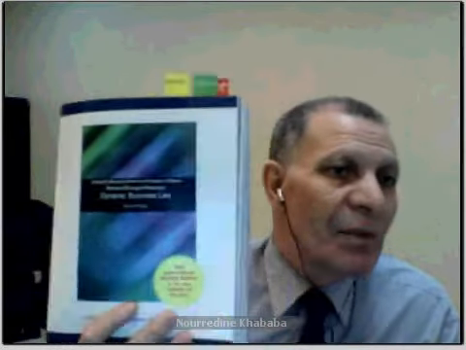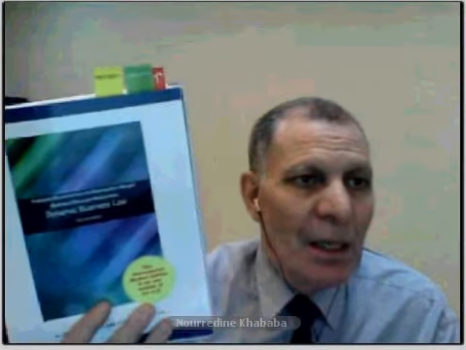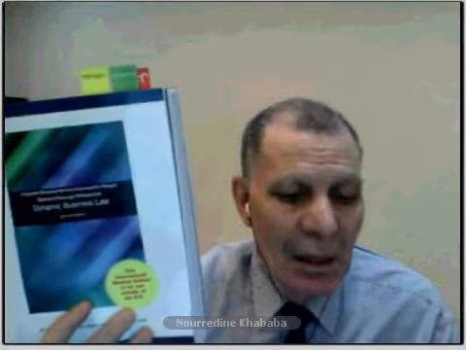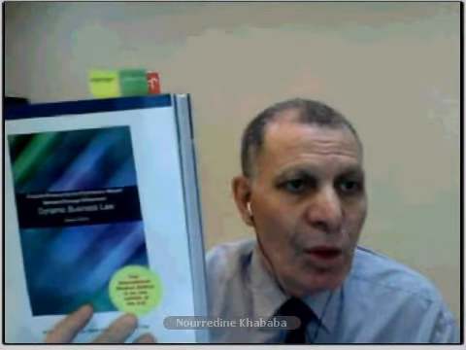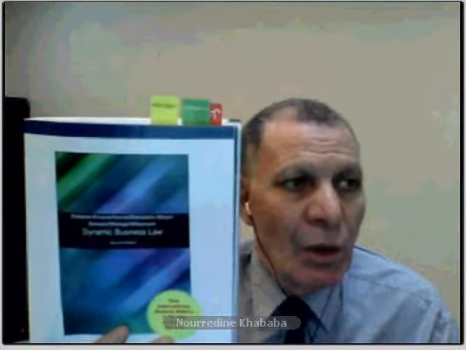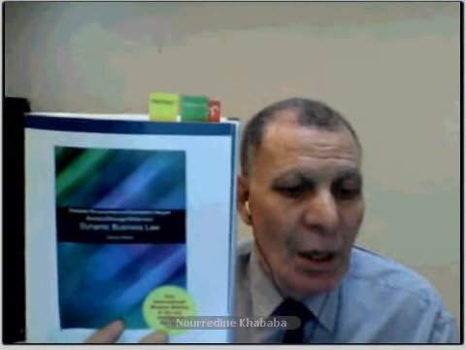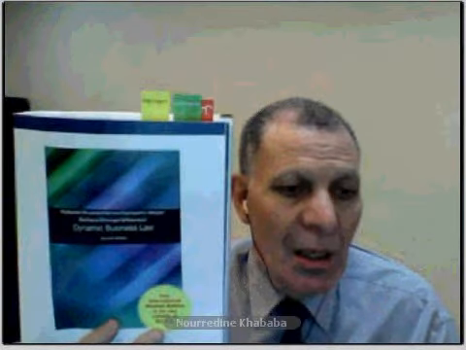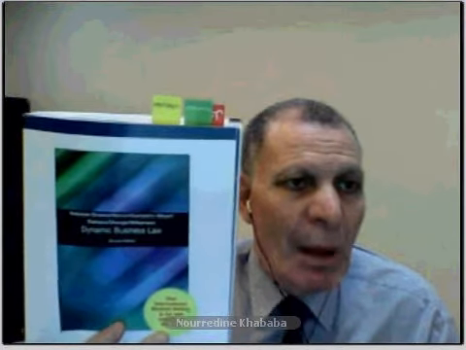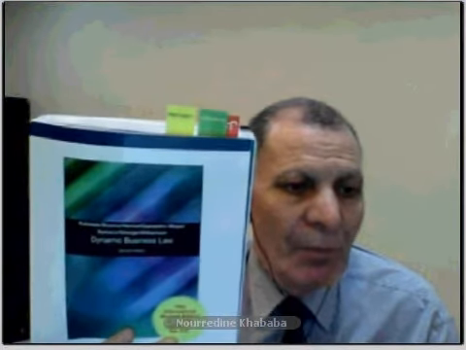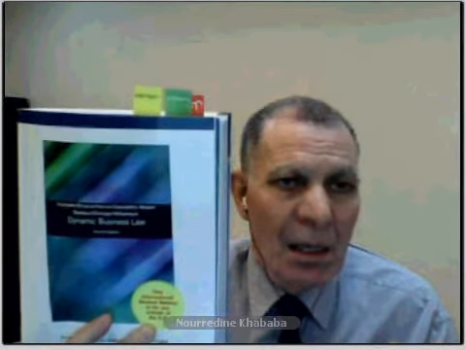It's not the hard copy textbook, but you have an interactive textbook directly from the publisher. So make sure that in your branches you purchase the code, log into the publisher and get your textbook.